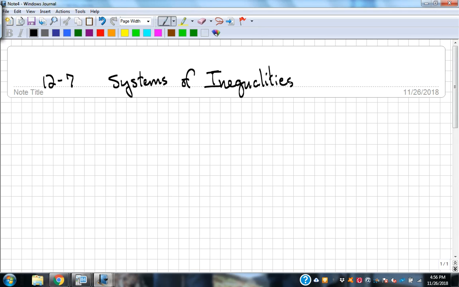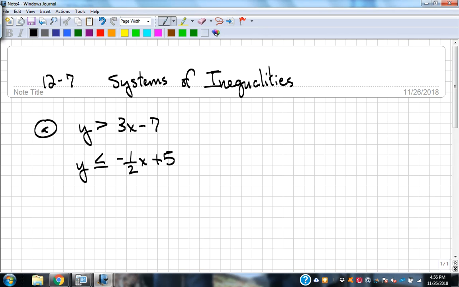Systems of inequalities. We'll start with one that's just linear, but the graph is the actual answer. You're not going to get a single ordered pair as an answer. You're going to get a graph that is the answer to this one.